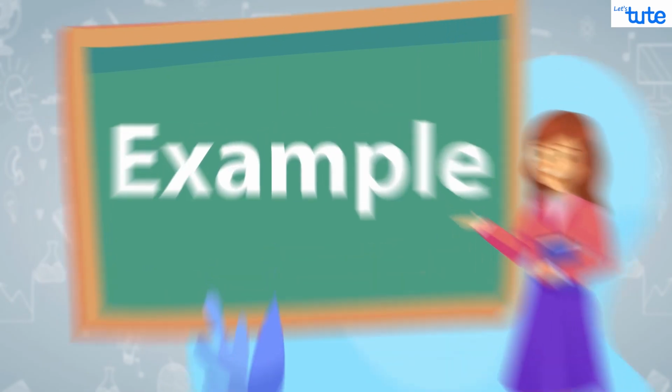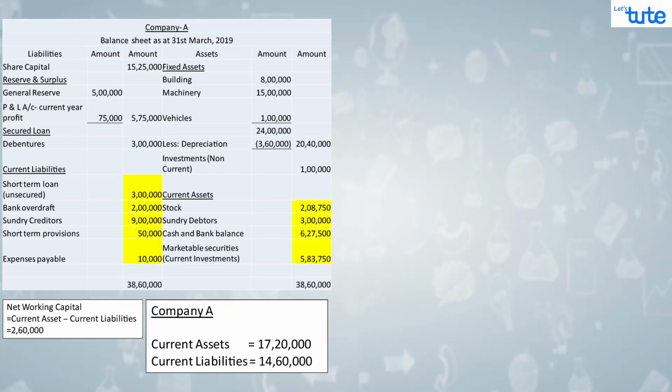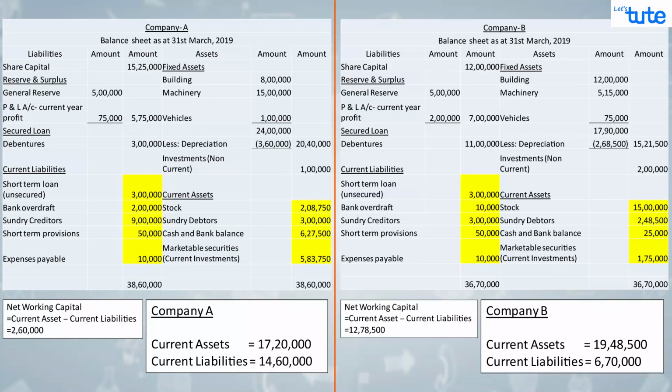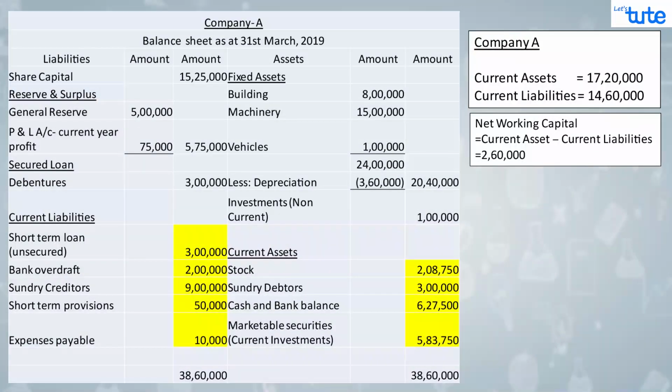Let us understand through an example of company A and company B. When we calculate net working capital for company A, total current assets are 17,20,000 and total current liabilities are 14,60,000 and the net working capital comes to 2,60,000.